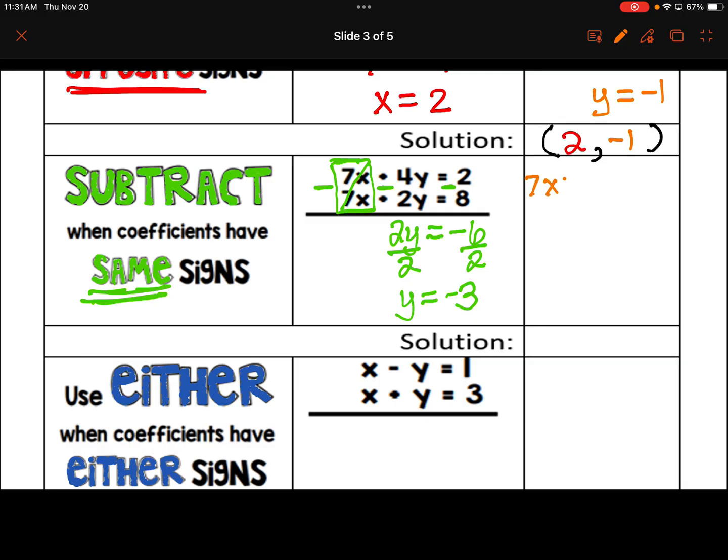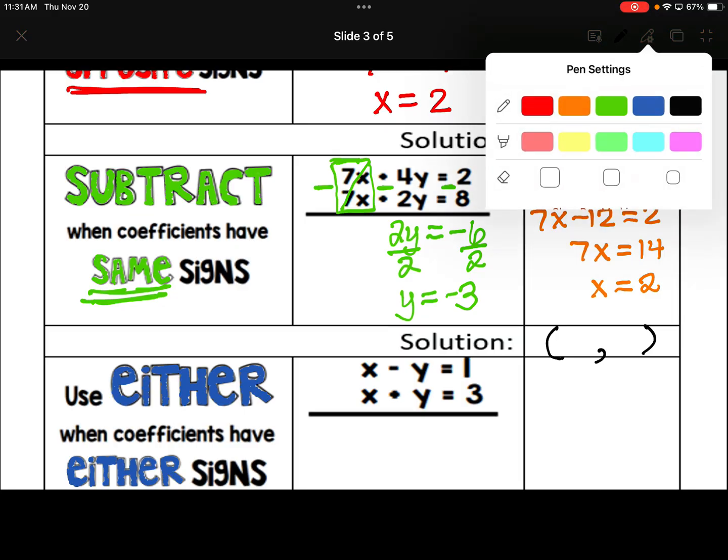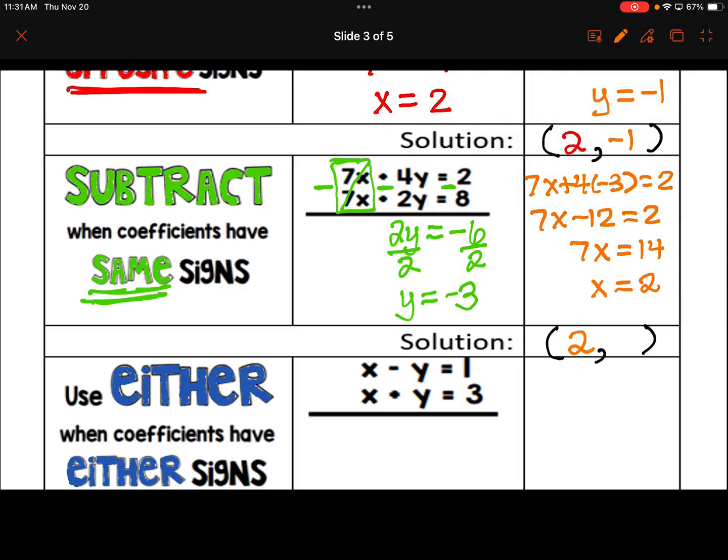So 7x plus 4 times negative 3 equals 2. 7x minus 12 equals 2. Add 12. 7x is 14. Divide by 7. x is 2. And now I have my solution. Remember, ordered pairs are x, y. So I'm going to put the 2, and then the negative 3. And there's the solution for that problem.